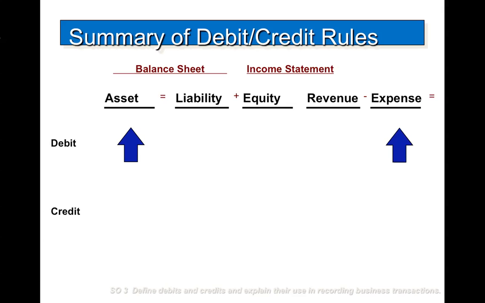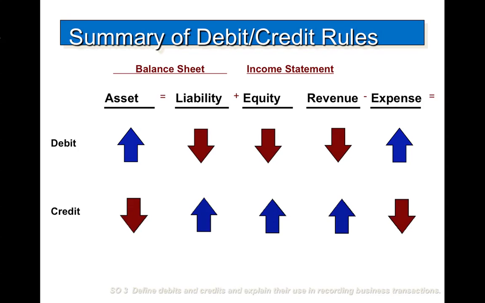Assets and expenses increase on the debit. Liabilities, equity, and revenue decrease on the debit. And then just the opposite. Liabilities, equity, and revenue will increase on the credit, and assets and expenses will decrease on the credit.